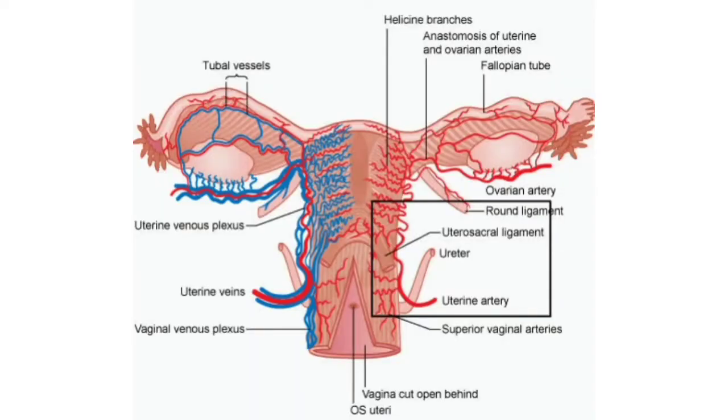So after the arterial supply, now we will learn about the venous drainage of the vagina. The venous drainage of the vagina is mainly maintained by venous plexuses. The main venous plexus is the vaginal venous plexus, VVP, and another is the uterine venous plexus.